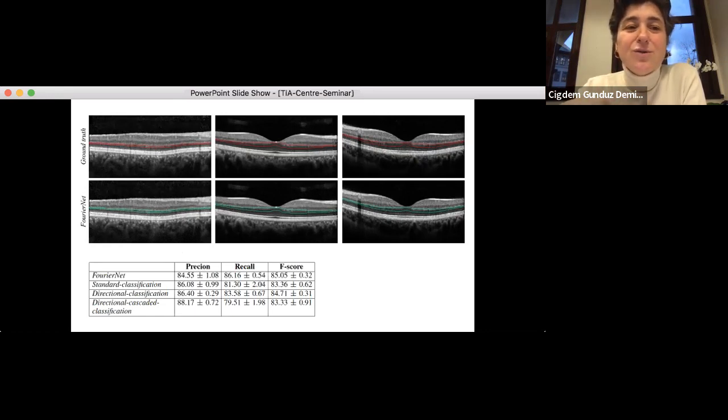So they need to take the image of the retina by giving the beam from different directions. So here we observed that by using such kind of network, shape preserving network, we can achieve the results of the directional OCTs by just using the standard OCT imaging. So that is a very nice improvement for us.